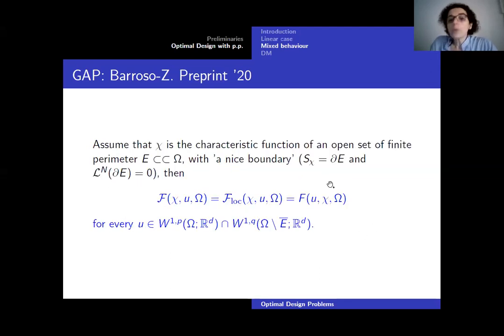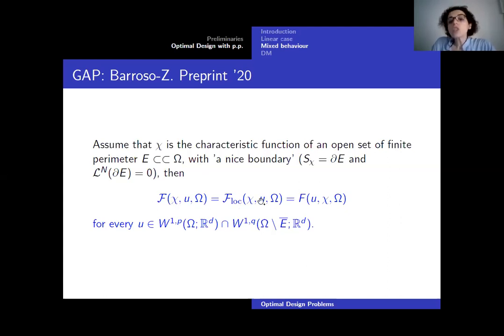And we could prove, even without imposing any restriction between p and q, that whenever u is regular outside this nice set E, we do have the nice representation that we have for calligraphic F and F-log.